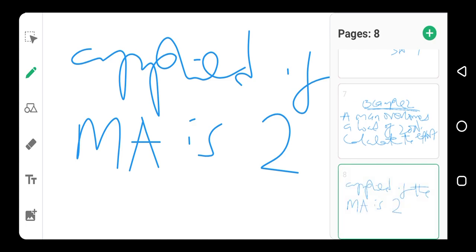Here we already know the mechanical advantage and we are asked to find the effort. We know the load. Now we put everything into the formula.